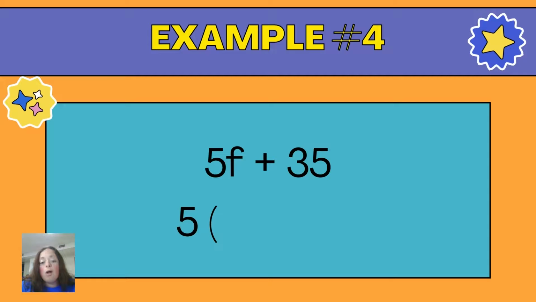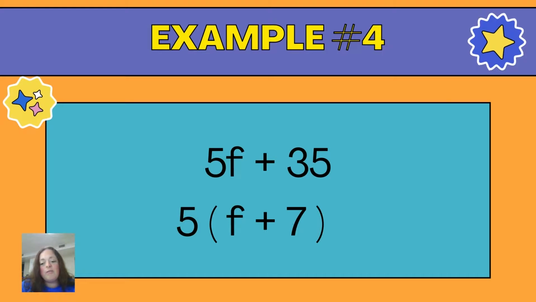Then we have to think about what was multiplied by the 5 to get 5f, or we divide 5f by 5. Well, it would be 1f. And then when we divide the 35 by 5, we would get 7. These two expressions are equivalent to one another. 5f plus 35 is equal to 5 times the quantity of f plus 7.